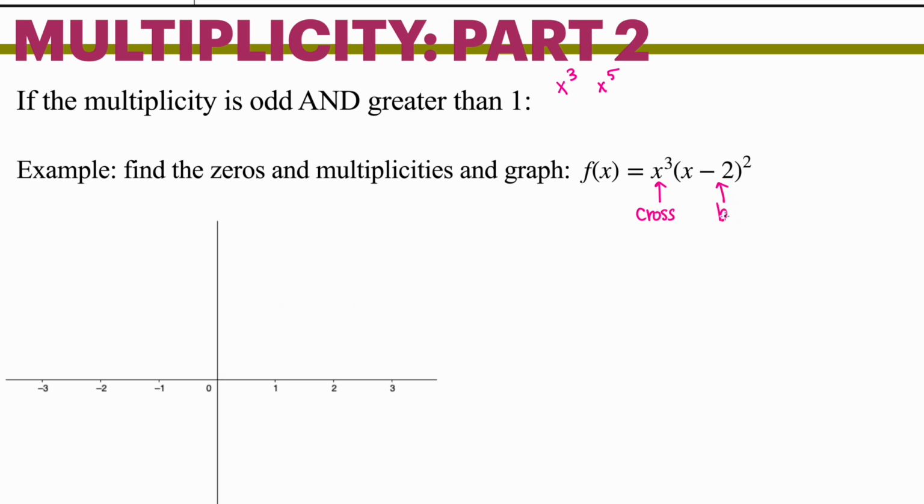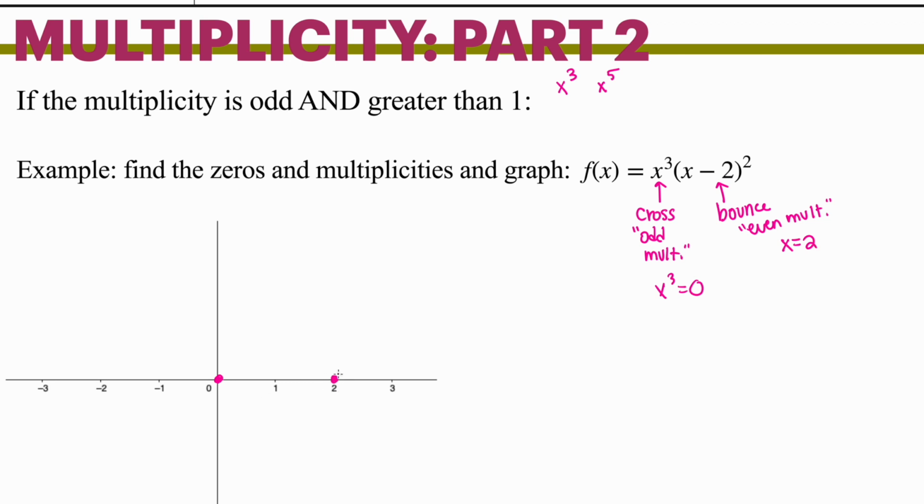Here, it is going to bounce because the multiplicity is even. Here it's going to cross because it is an odd multiplicity. And that is going to happen at 0. And then this one is going to happen at 2.